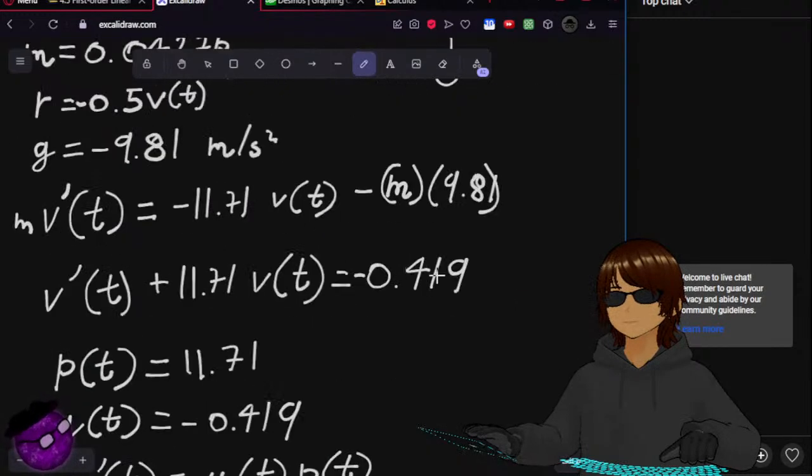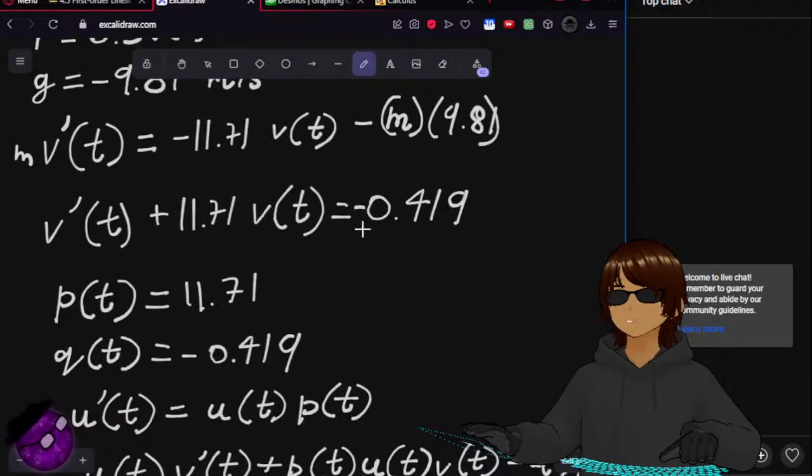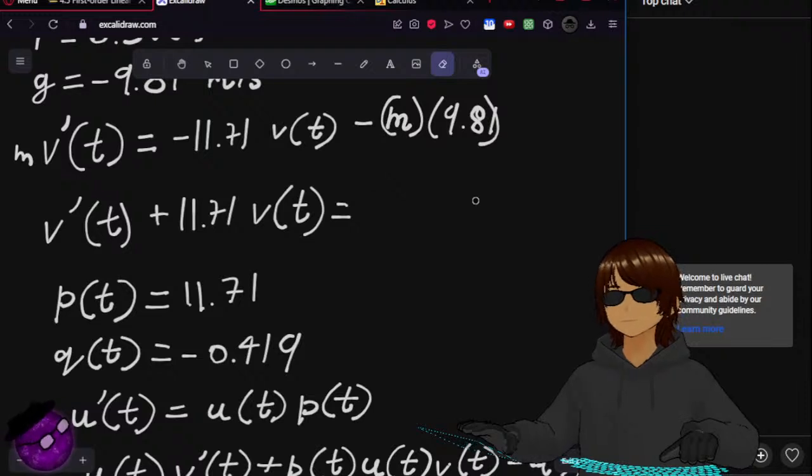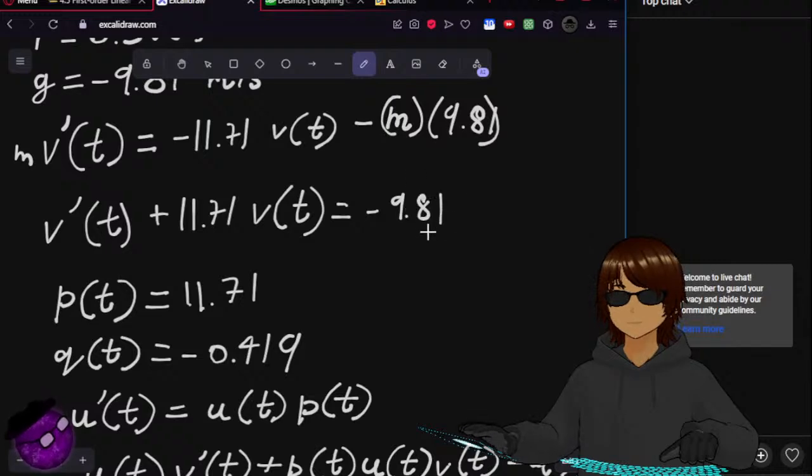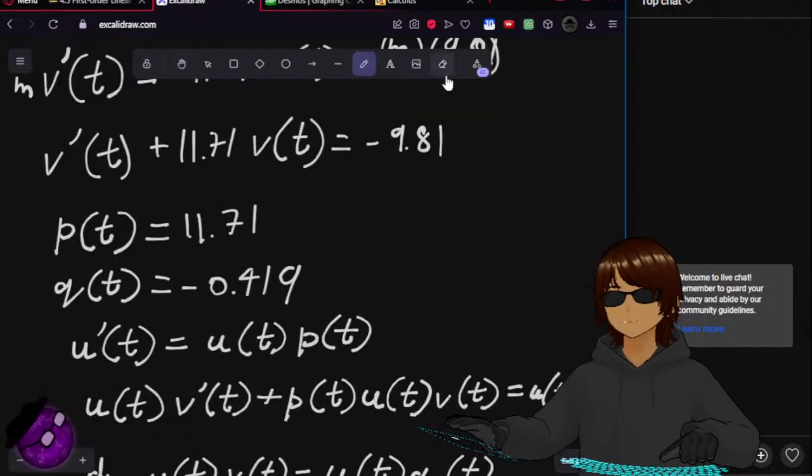Oh, this part remains 9.81 because the mass is divided. Negative 9.81.